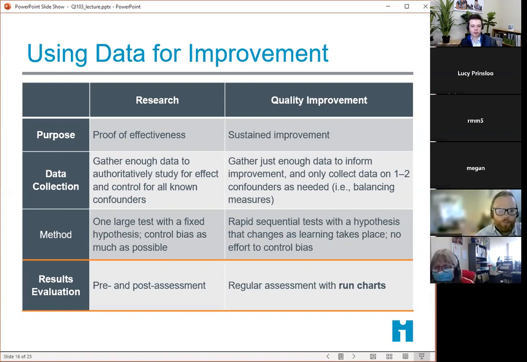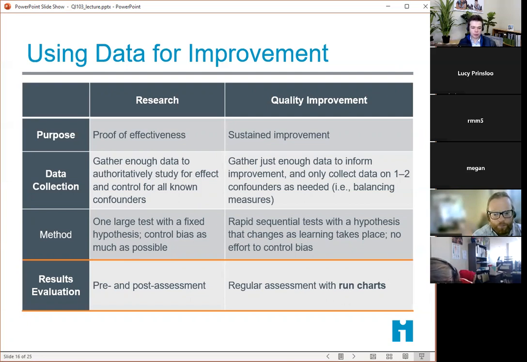But in quality improvement, we're not trying to prove the relationship between causation and correlation. We are trying to simply know, are we going in the right direction? Are things getting better? And we're kind of relying on the fact that whatever we're doing is probably making that change.